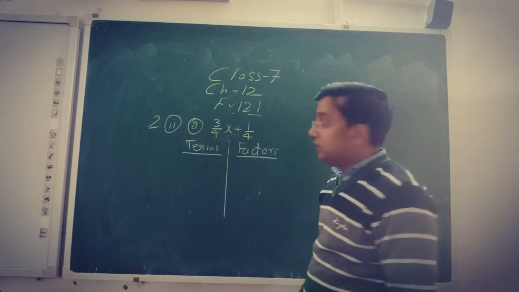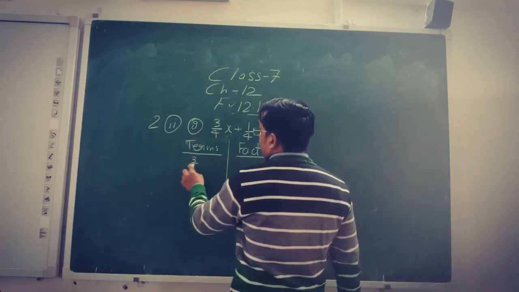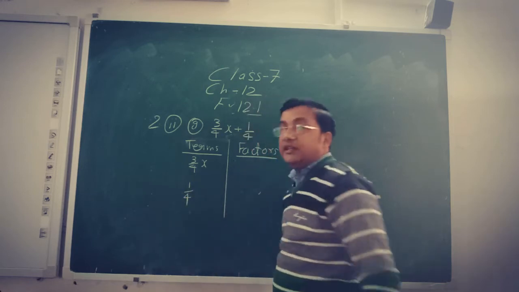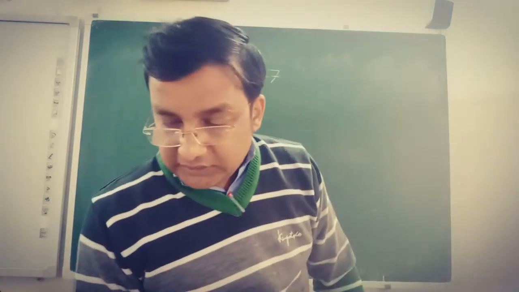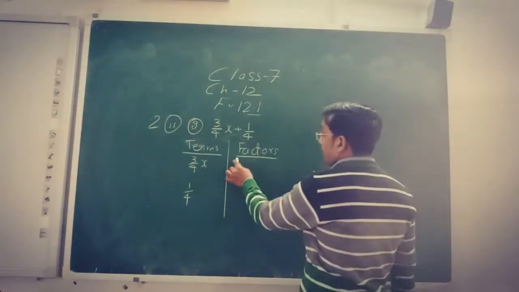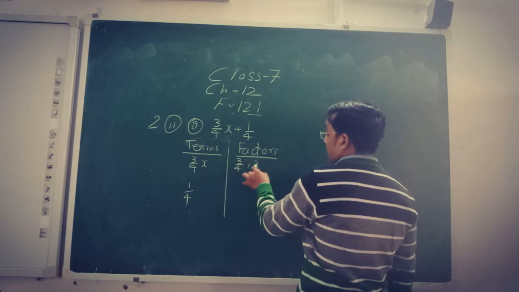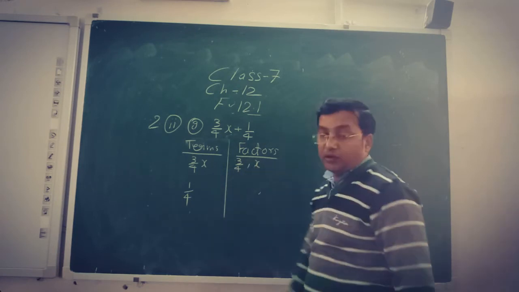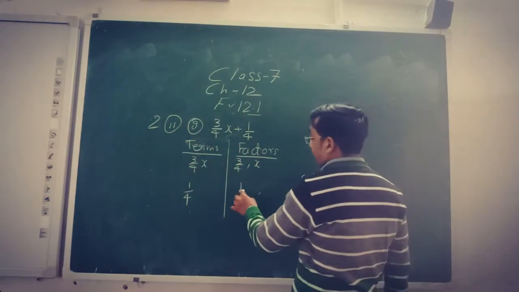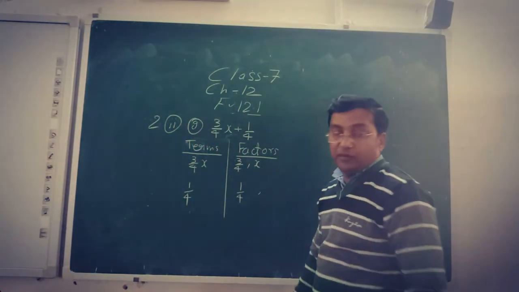Terms are what? 3 by 4x and 1 by 4. These are the two terms, and the factors are 3 by 4x, and this is 1 by 4, this is the factor.